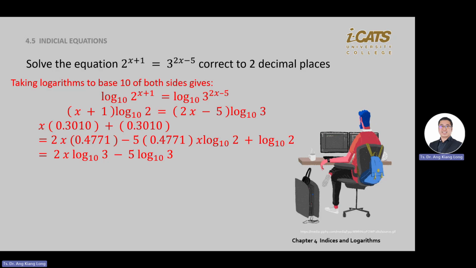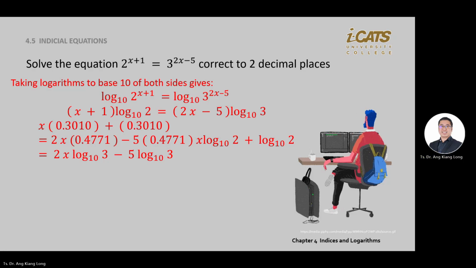x log 2 plus 1 log 2. Okay. So this one, x bracket 0.30 is actually x log 2. This one is actually the first one. This one is actually the second one. Okay. Then this side is the right hand side. Yeah.